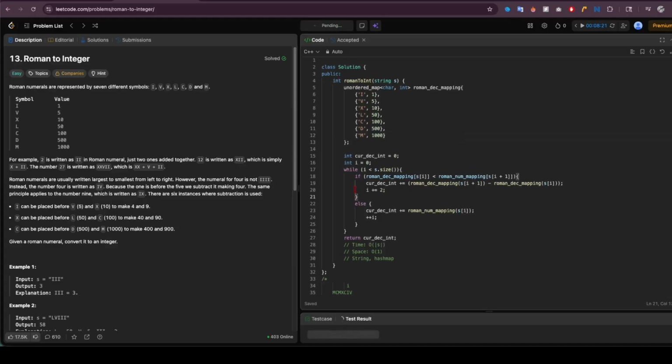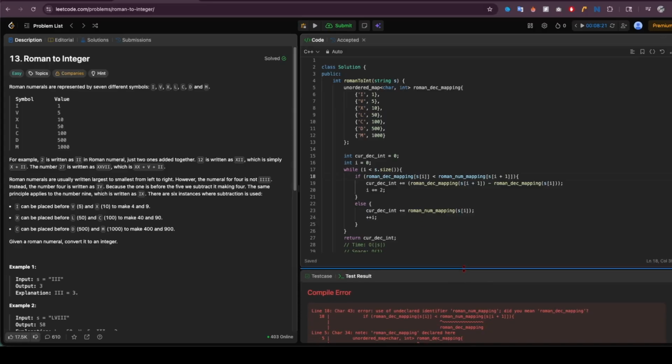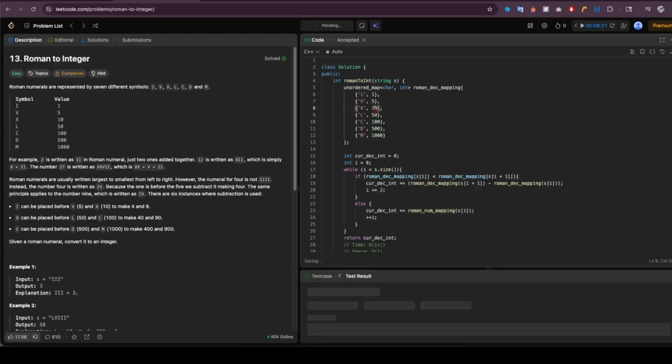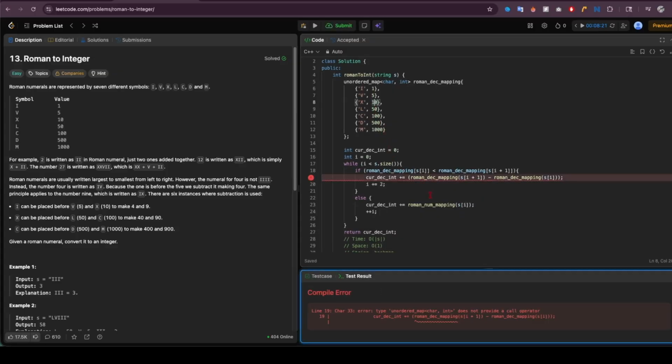So we have here the mapping, this one. Perfect.